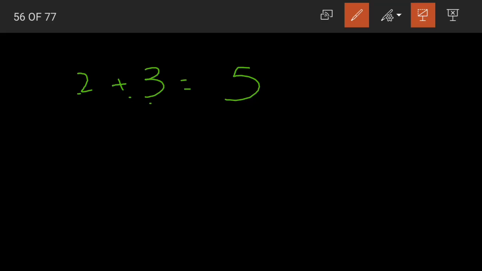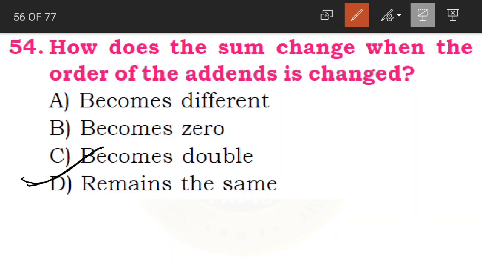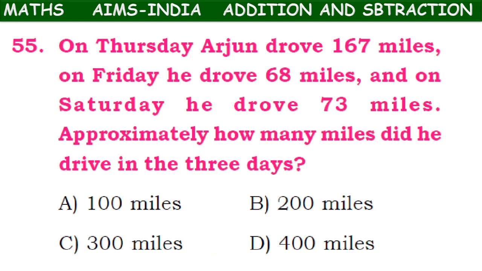Now change the order of the addends. Write 3 in the first place and 2 in the second place. 3 plus 2 is also equal to 5. Now what can we say about the sum? The sum is not changing. So we conclude the sum remains the same when the order of the addends is changed.